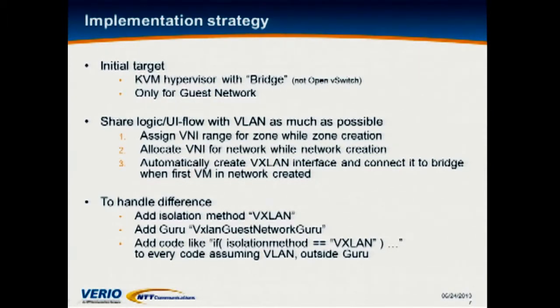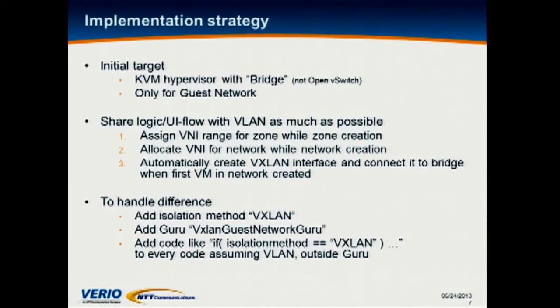When we create a zone, CloudStack assigns a virtual network range for the zone, and when we create a network, CloudStack allocates the network ID for the network, and when we create the VM on the host, CloudStack automatically creates a VLAN interface or VXLAN interface on the host when necessary. Maybe it will be the first time we create a VM on the host.